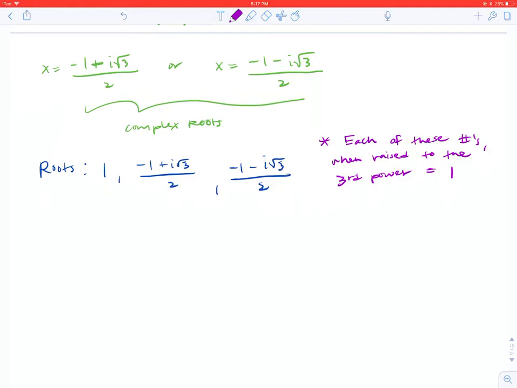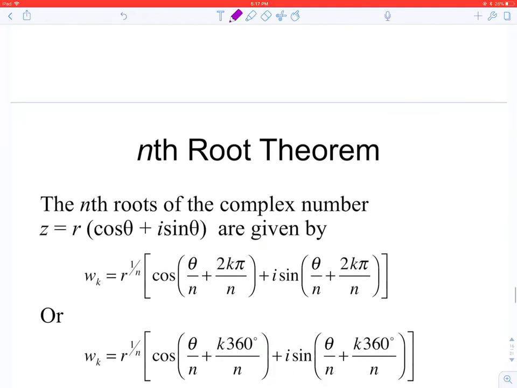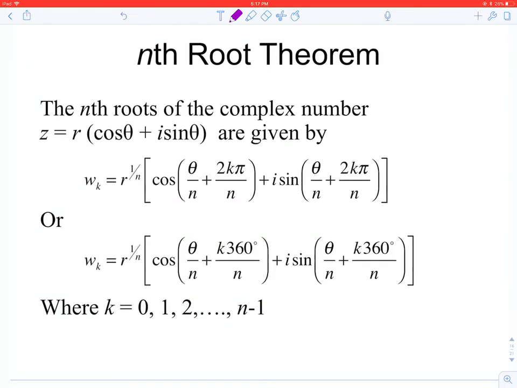Right? If you take the cube root of 8, you tell me the cube root of 8 is 2. But you're thinking to yourself, what real number when raised to the third power would give you 8? But there's actually going to be 2 other complex numbers that when raised to the third power would give you 8. So we're going to be talking about finding the roots of these complex numbers.